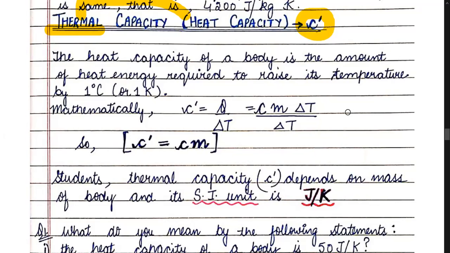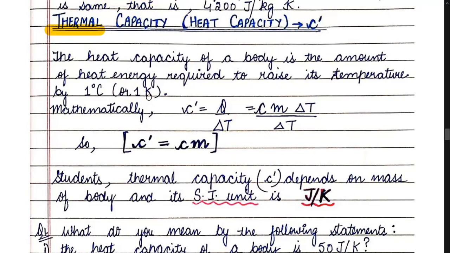The heat capacity or thermal capacity of a body is the amount of heat energy required to raise its temperature by 1 degree Celsius or 1 Kelvin. Students, note that the rise or change in temperature in both the Celsius and Kelvin scale is the same.